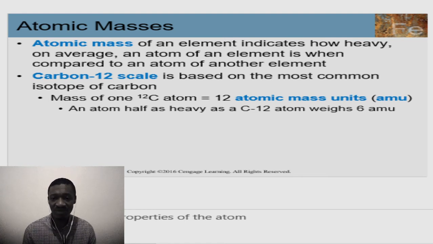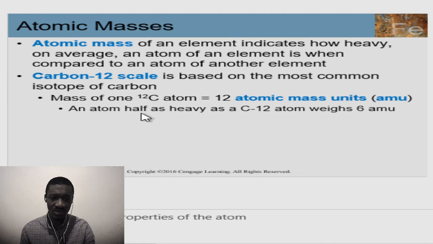So we have the carbon 12 scale, which is based on the most common isotope of carbon. The 12 there is the atomic mass unit. Notice that you have a C there, and on top of the C you have the 12. This is where the A is, and the Z, which is your atomic number, is below.